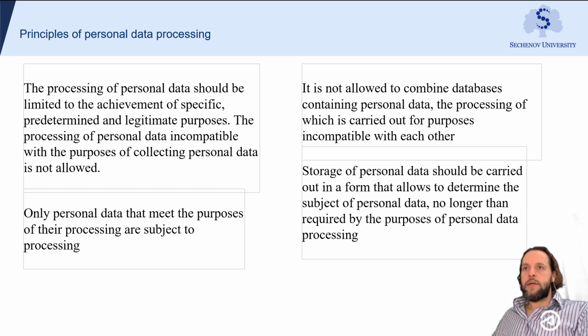It's not allowed to combine databases containing personal data with other types of databases. And we could process only data which is inside the purpose of data gathering. So if we're able to get more data than we need, we shouldn't use it.